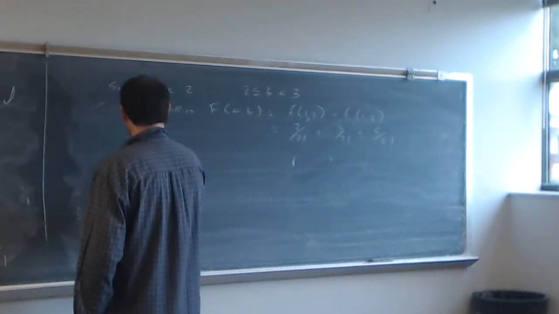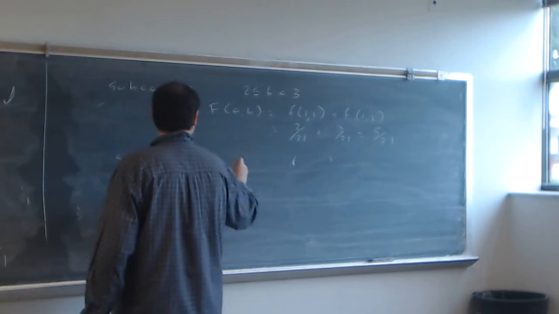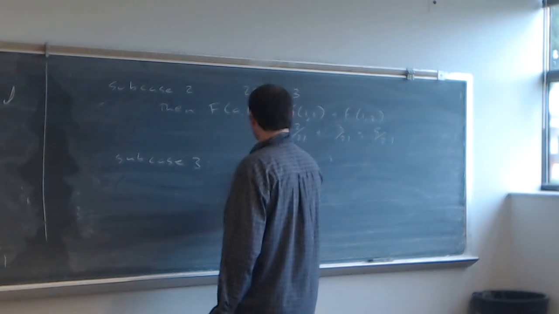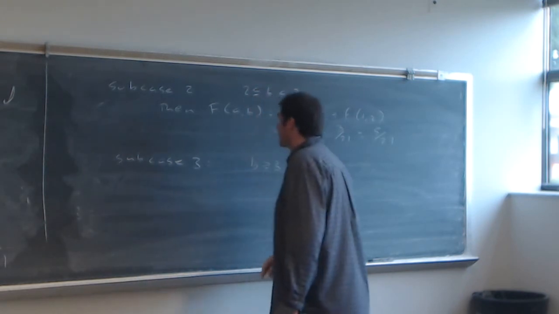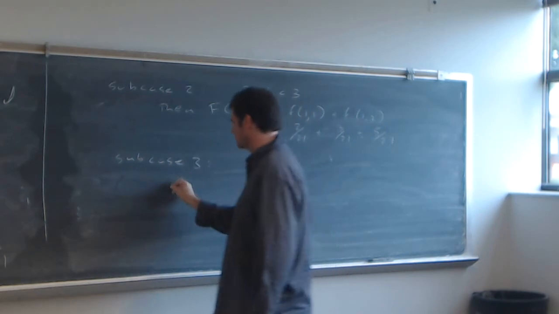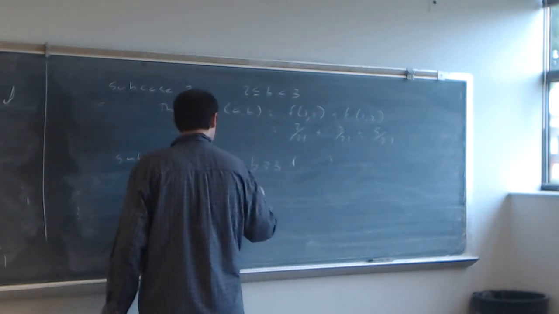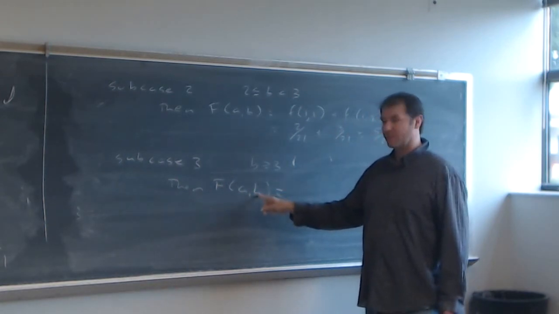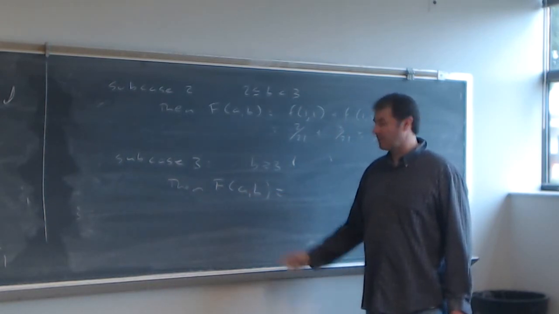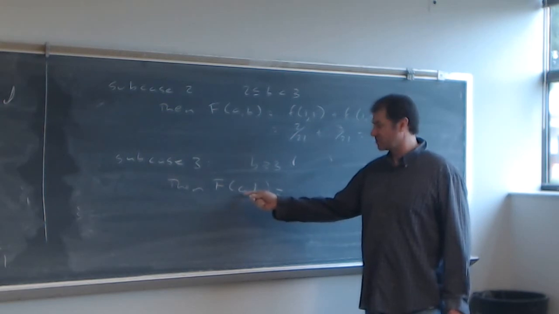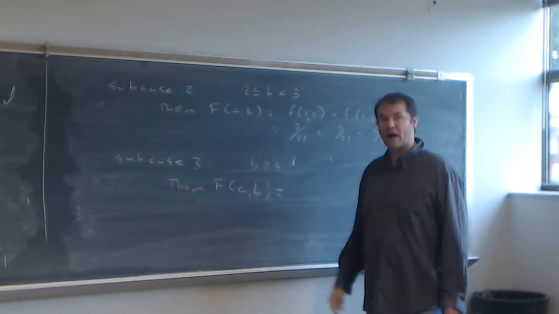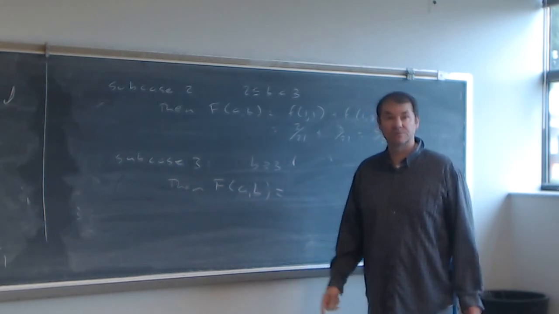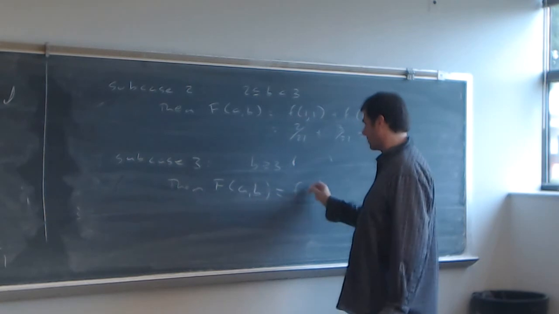What's subcase 3? Here, that's if b is bigger than or equal to 3. Then f of ab, that's going to be equal to, as an example, 1.3 and maybe 3.7. So we're looking for the probability that x is less than or equal to 1.3 and y is less than or equal to 3.7. That means x has to be 1, and y could be either 1, 2, or 3. We're talking about those probabilities.